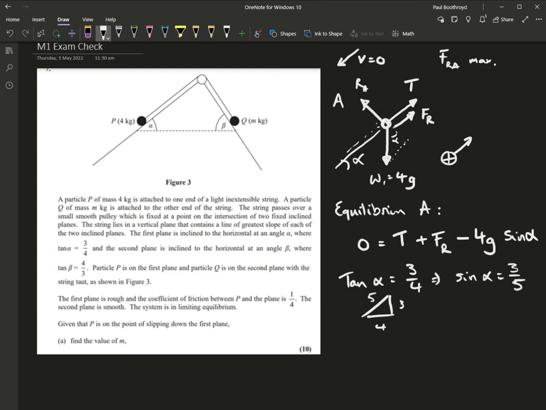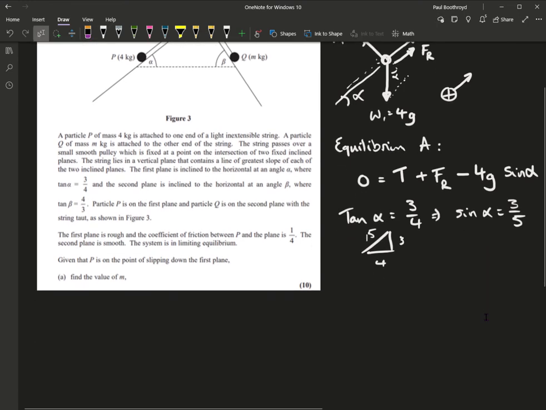Okay, give us an expression for the tension then. We rearrange it, so the tension now equals the 4G sine alpha, so that's 12 over 5, 12 over 5 G. That's my weight component.